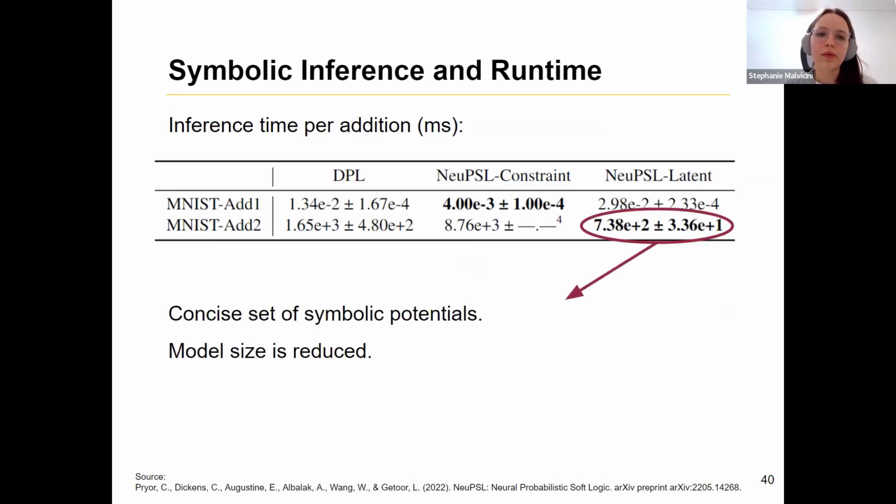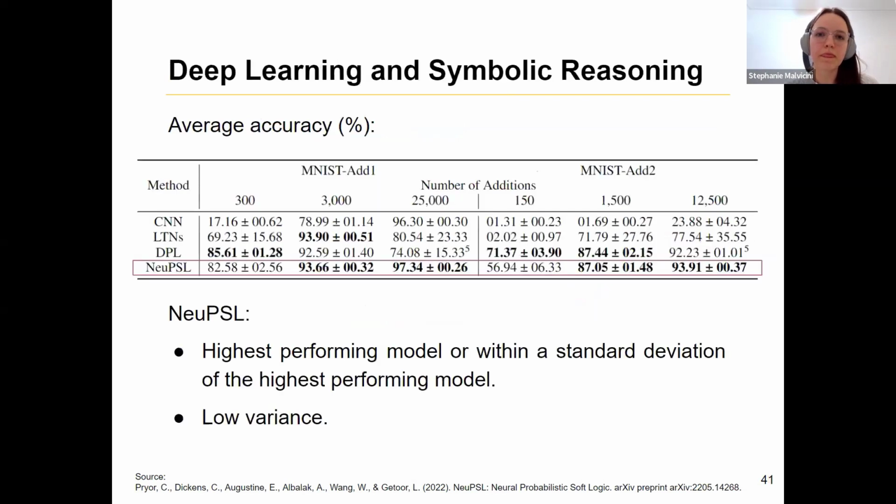And for MNIST-2, even though we didn't see how they implement it, they got a much smaller model, with a more concise set of symbolic potentials. And even though they have more variables and everything, this version performed better in this problem.